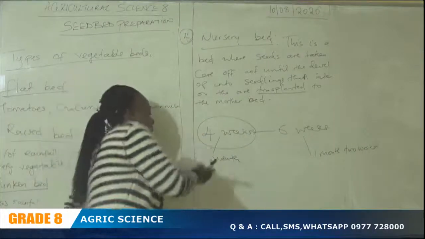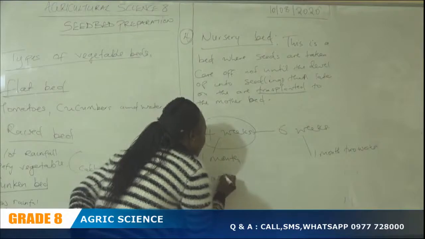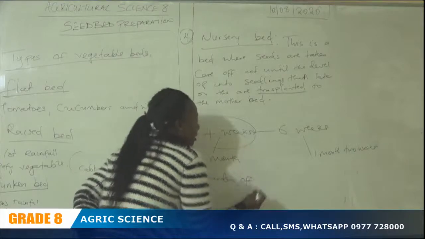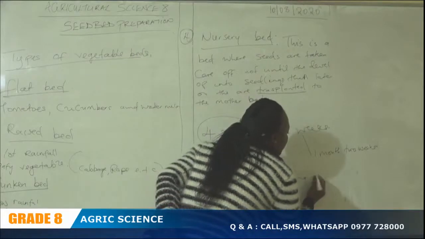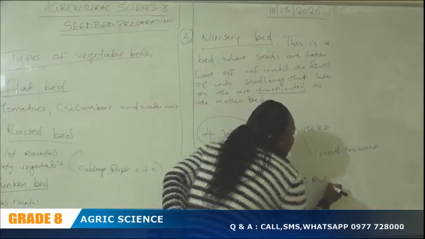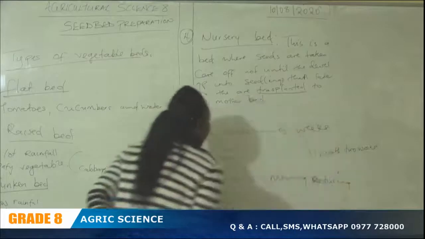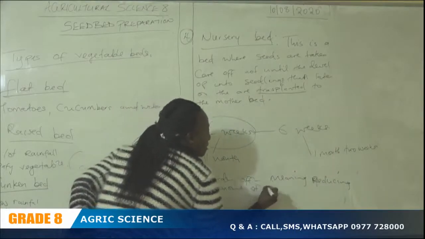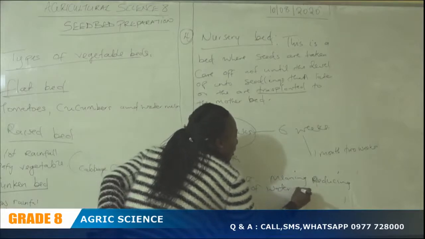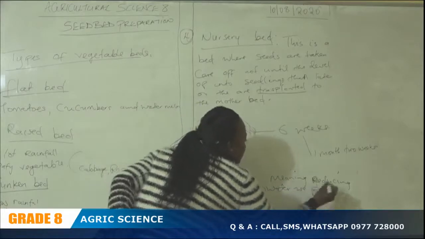So we're saying we have to harden off, meaning reducing the amount of water we put in the nursery bed.